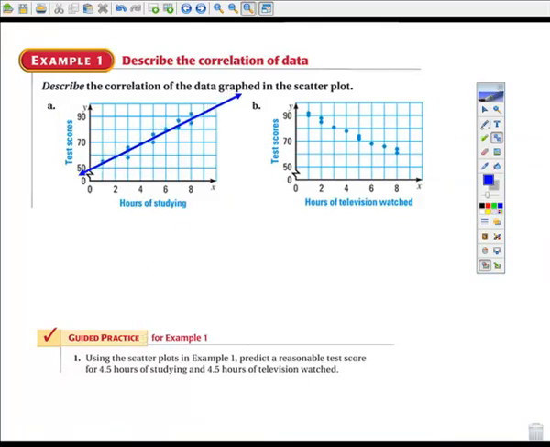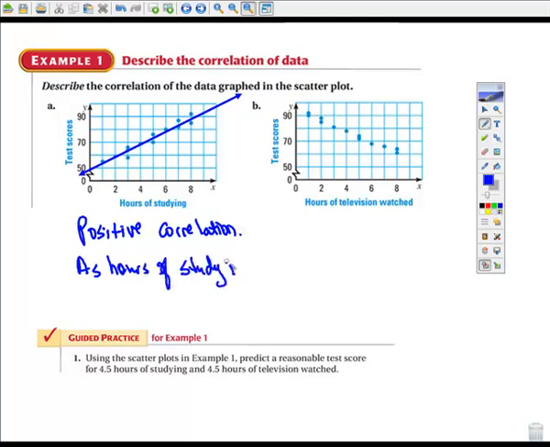So we would say it's a positive relationship or positive correlation. And as hours of study increase, test scores increase.